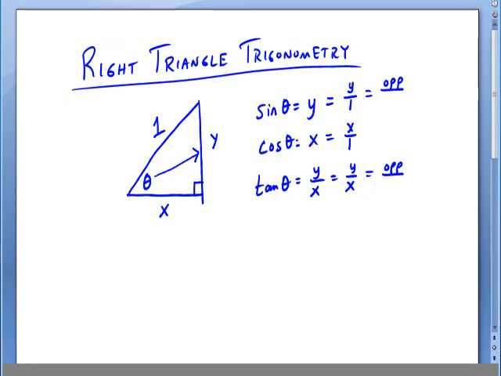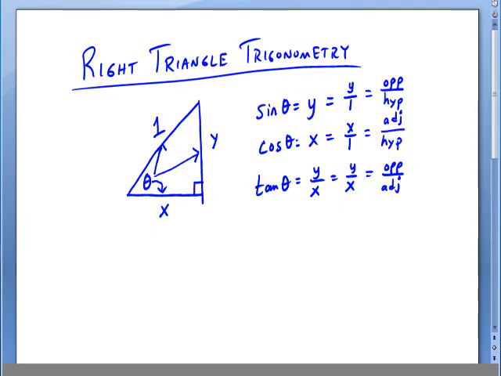We also have a side, the 1, which is the hypotenuse. So we're going to call all of the 1's hypotenuse values. And then the third side that's remaining, we're going to call that the adjacent side to the angle. Now I know there are two sides that are really adjacent or next to the angle, but one of them has to be the hypotenuse. So therefore the other one is adjacent.